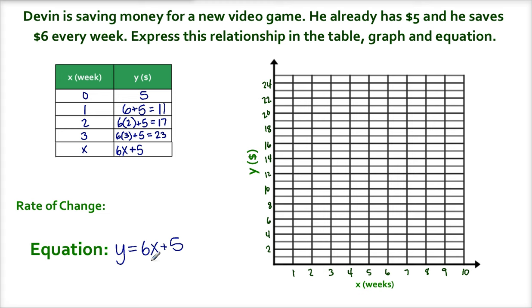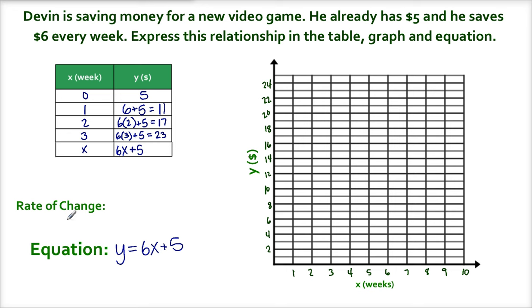So for example, if 10 weeks have passed, then that would be 6 times 10 plus 5, so that would be $60 plus 5 is $65. Probably enough for his video game by then, right? So after 10 weeks, he would have $65. So this equation represents this relationship.